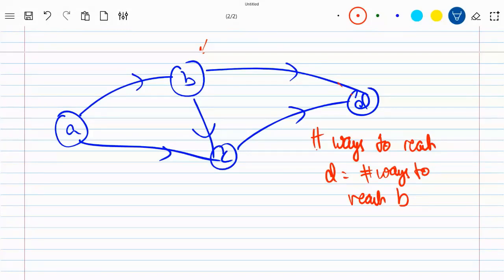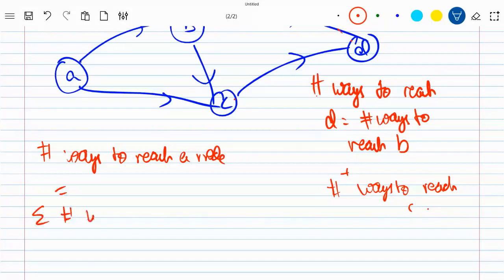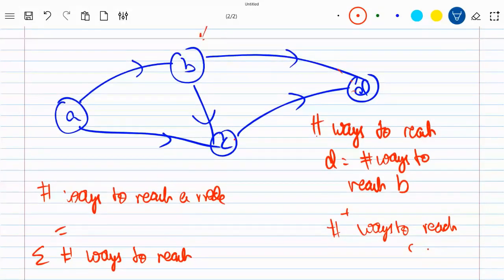And similarly, it's the number of ways to reach C, because any path that terminates there, you could just extend it from C to D. So in general, the number of ways to reach a node is the summation of the number of ways to reach a predecessor, I mean, a neighboring node.